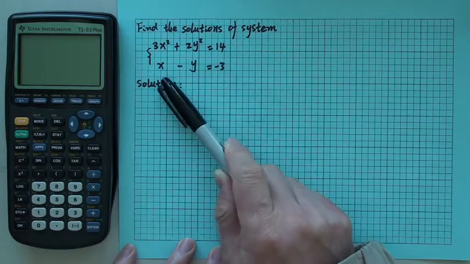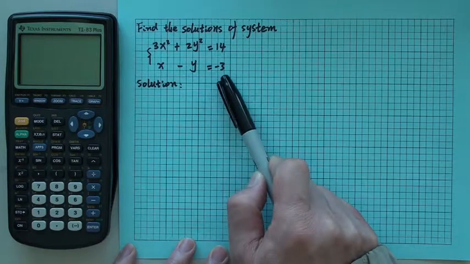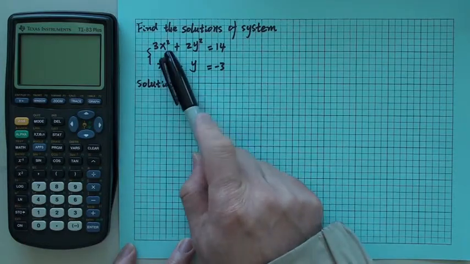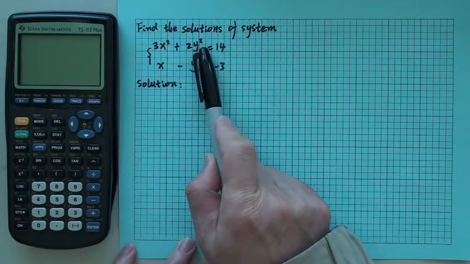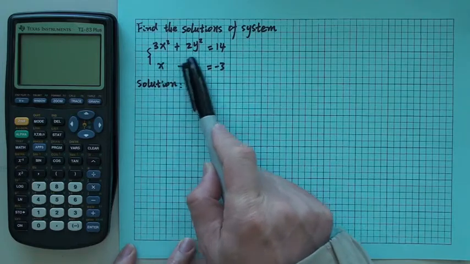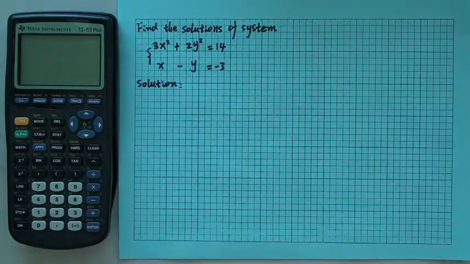You can see the second one is a linear equation, but the first one contains x squared and y squared, so the first one is not linear. Okay, let's see the observation right here.